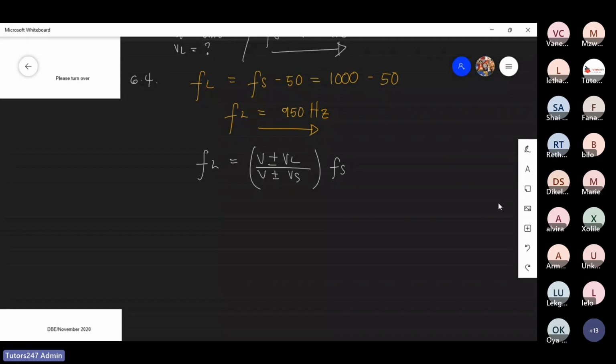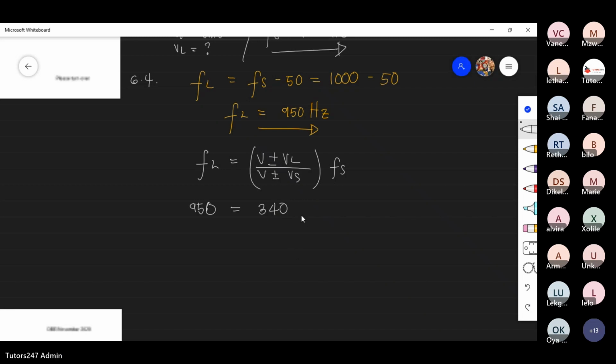So let us substitute what is known. We previously calculated that the frequency of the listener is 950 hertz. We were given that the velocity or speed of sound in air is 340.